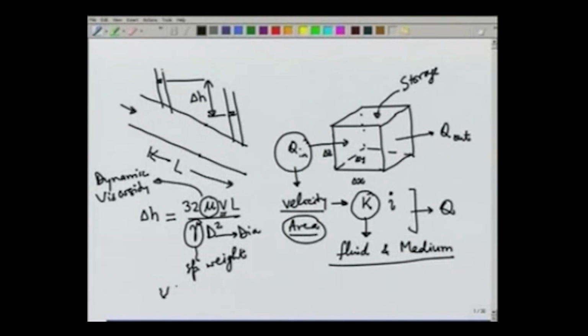So, in the porous media, the equation which we have is the Darcy law, which says that V is equal to K delta H over L. So, if we compare these equations, the K will come out to be dependent on the medium property, the diameter of the particle, and it will also depend on the fluid property, the specific weight and the dynamic viscosity, as gamma over mu.